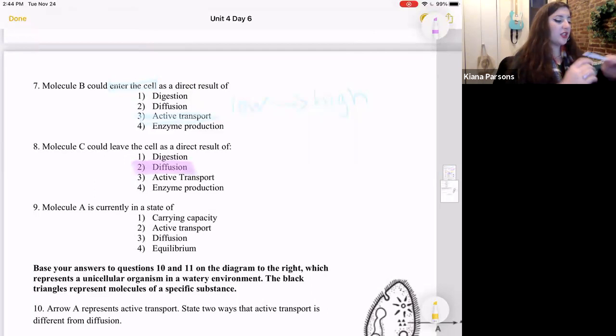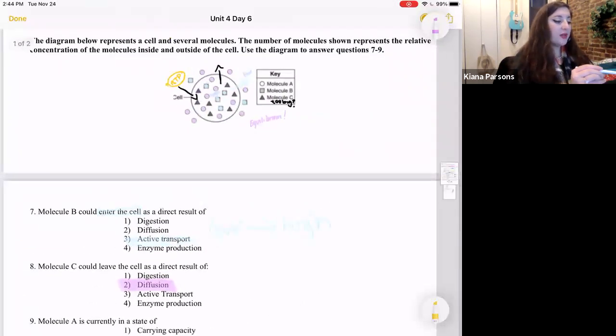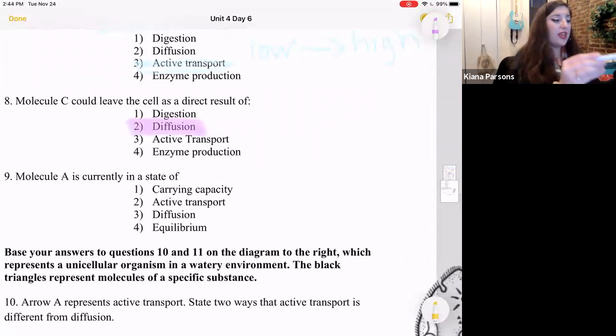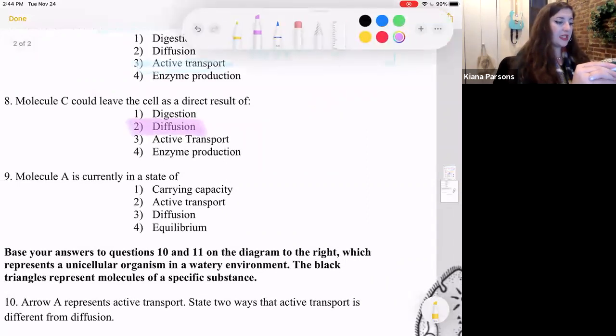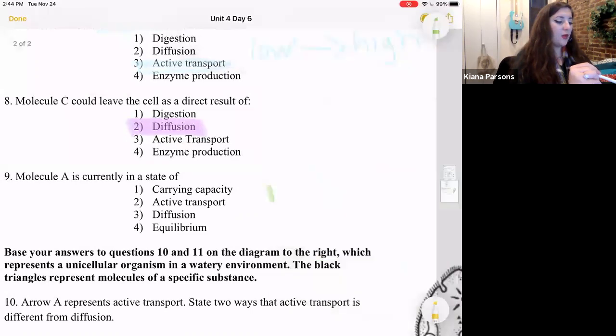Molecule A is currently in a state of, and we said this at the beginning, right? We counted, there's 6 inside and 6 outside, so that means molecule A is in a state of equilibrium.